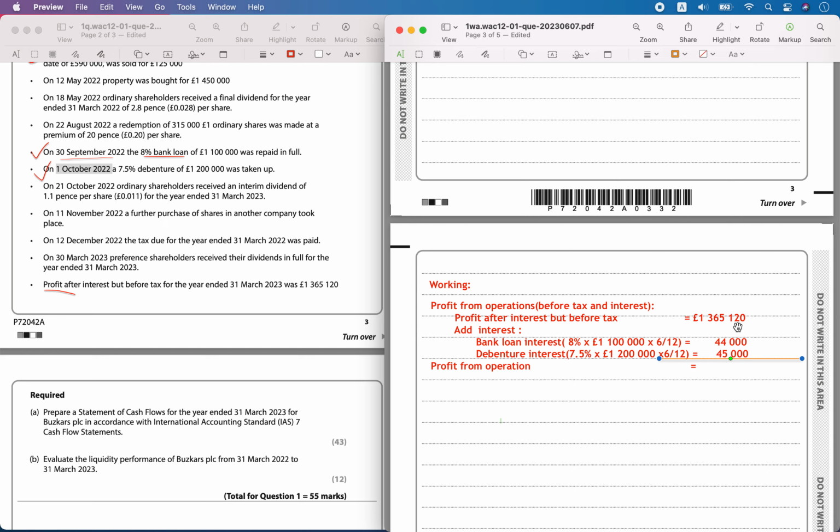So 1365120 plus 44,000 plus 45,000. So that is 1454120, so that is going to be equal to 1454120 pounds.